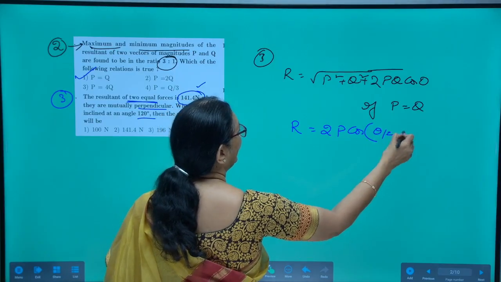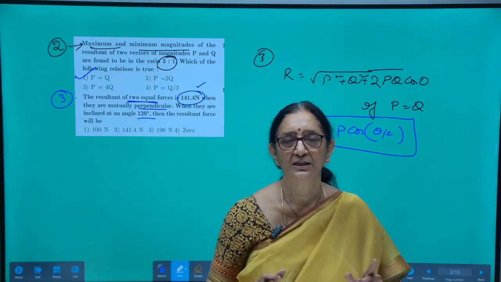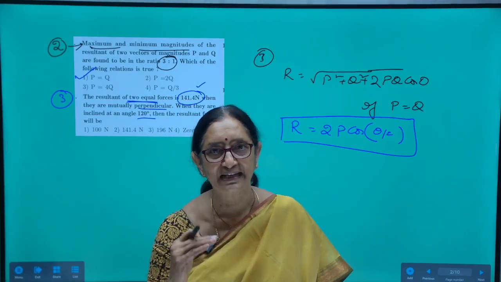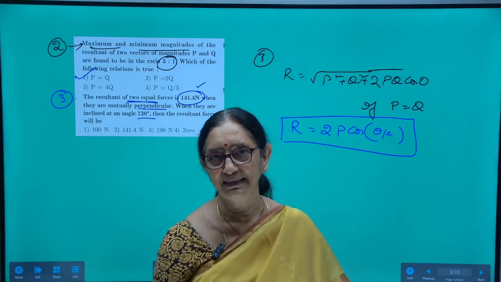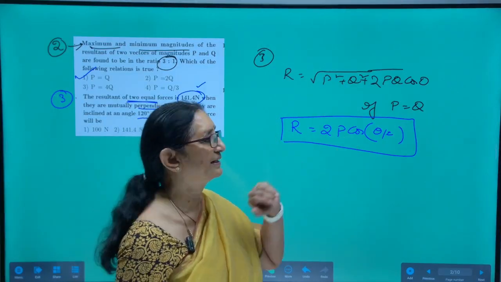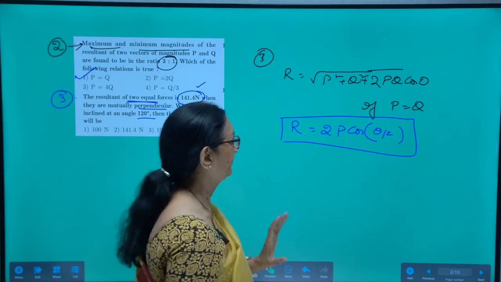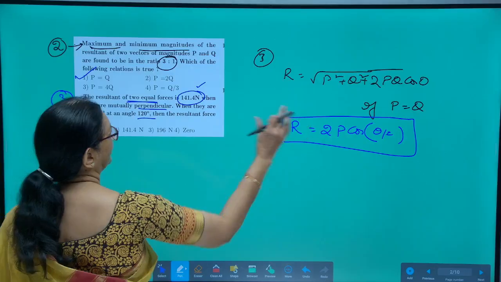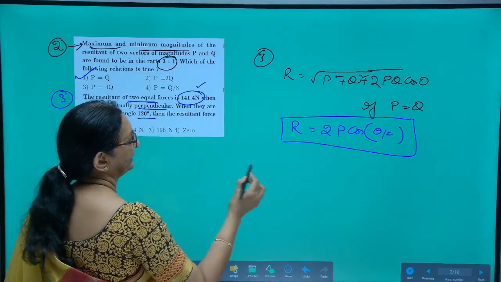This is a very important formula we learnt during our synopsis. So when two vectors of the same magnitude P each are at an angle theta, the magnitude of their resultant is given by 2P cos theta by 2. Here we start with that concept: two equal vectors when they are at right angles.